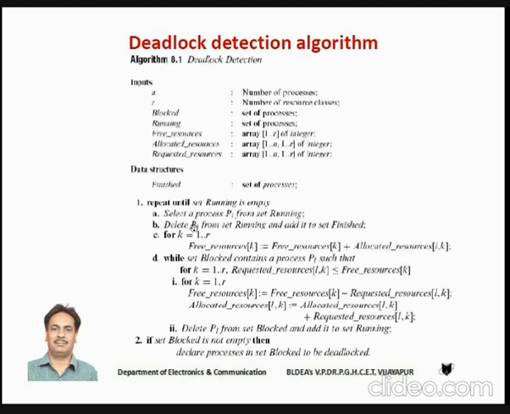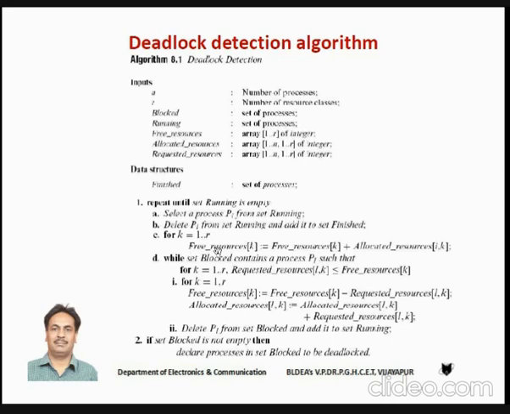Same thing he has done here in step B. Then once the process Pi completes its execution, the free resource table should be updated. The resources which were allocated to process Pi should be added to free resources. That's why here we write free resources equal to free resources plus the resources which were allocated to the process Pi. That step we have written here.